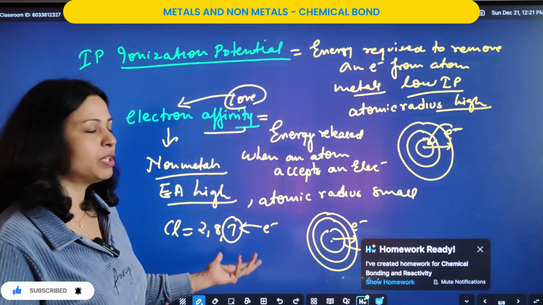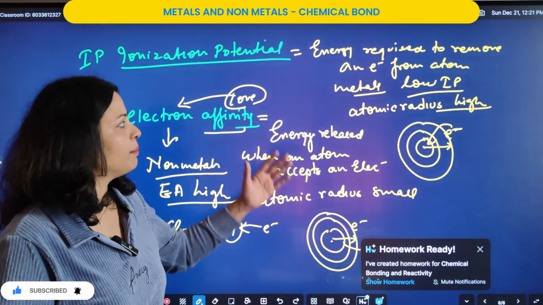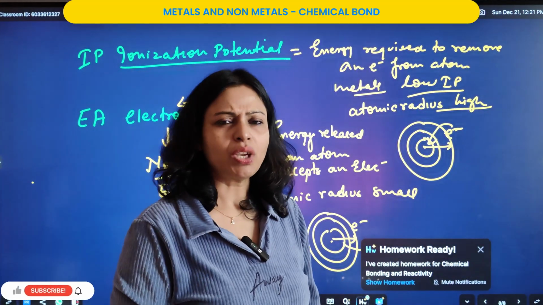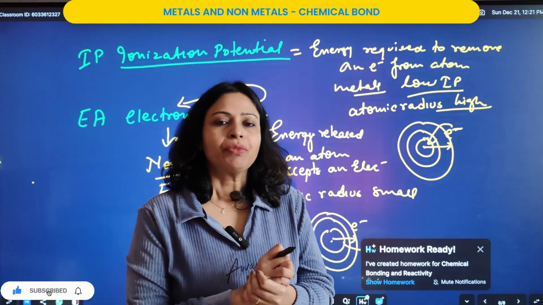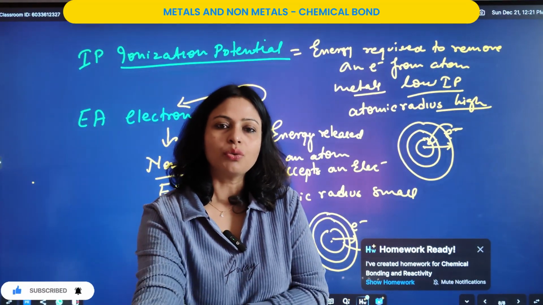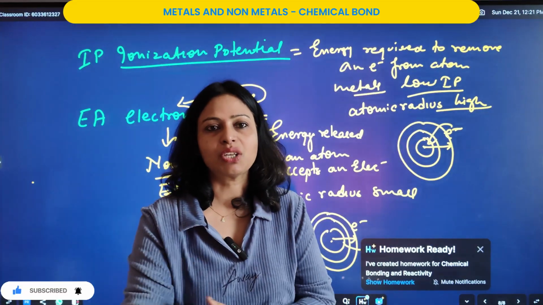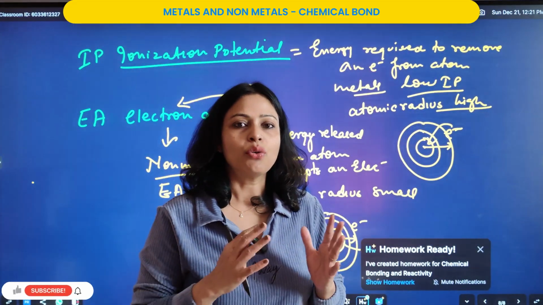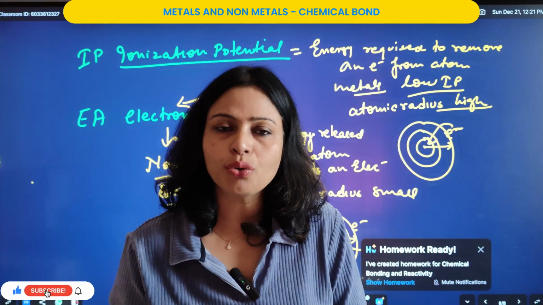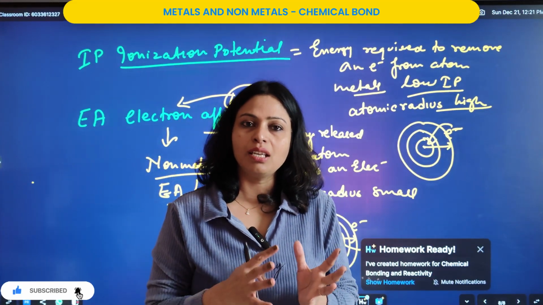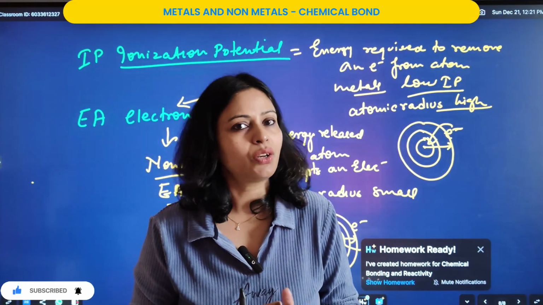That's the reason non-metals always gain electrons and metals always lose electrons. Okay, so this is a very brief concept which I gave you to understand the idea behind the reaction of a metal and a non-metal. I hope this is helpful for you to understand the bond formation between a metal and a non-metal.